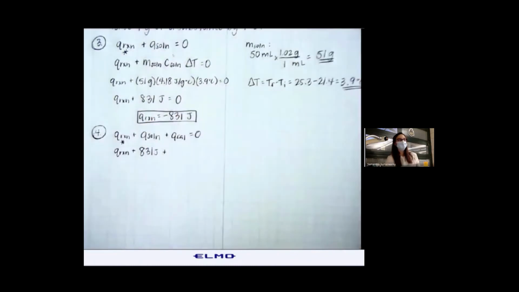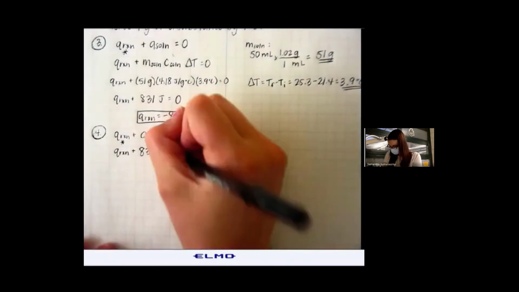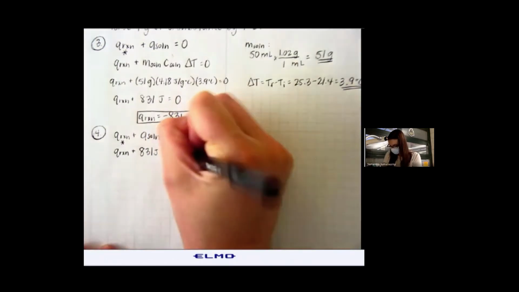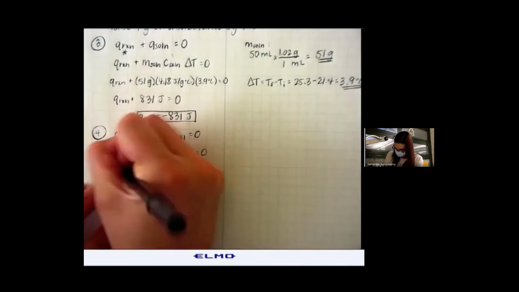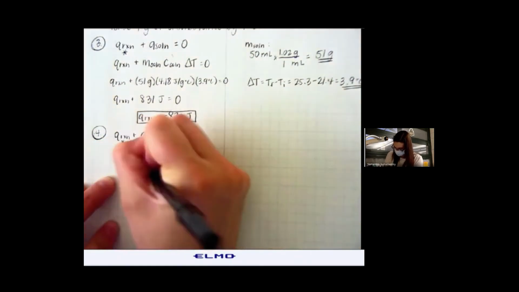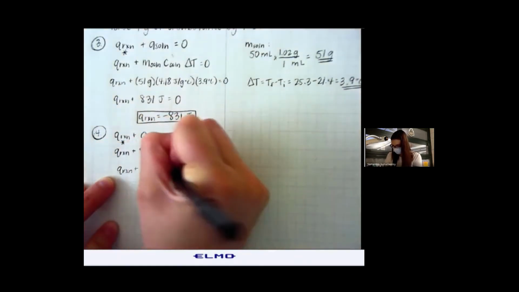We just have to calculate Q cal. Remember that Q cal is C cal delta T. So again, if we solve for Q reaction, Q solution we've already solved for.